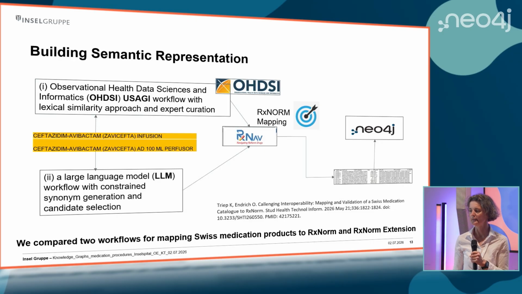So we used an open source tool that is offered by the Observational Health Data Sciences and Informatics initiative, called Usagi, that is working with term similarity, where you can upload custom lists or other classifications and have an automapping to standard classifications which are offered. And the second approach we took was to use an LLM and work via synonym generation in English and then do the mapping.